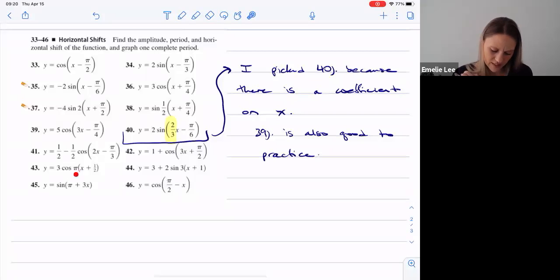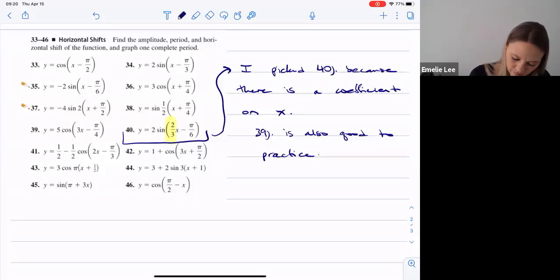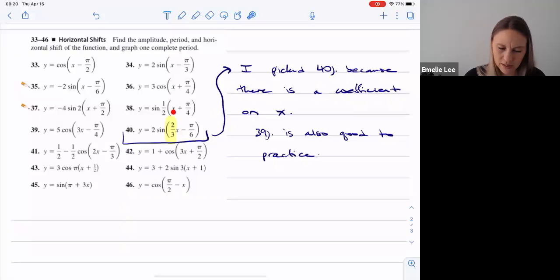And notice that these ones all have x on its own already. And then this one's a little tricky because the minus x is on the outside. So I picked 40 for a reason. 39 would be good practice as well. But notice that all the other ones just have x on its own. So they're a little bit easier than these two. Okay, and I'll show you why.